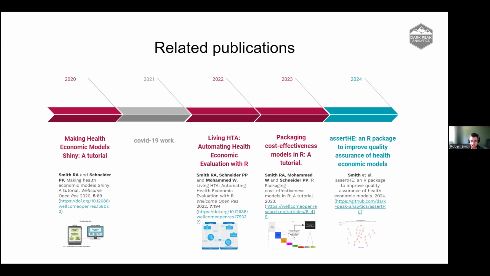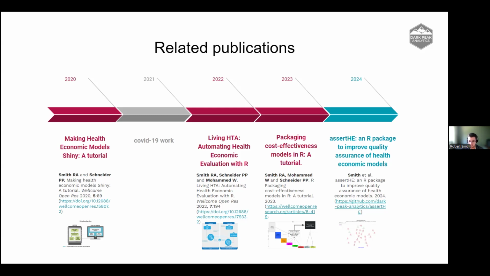And then the third topic will be packaging cost effectiveness models, and this is a bit of a nerdier topic, looking at the best way to build a model in R, and how we can make the ecosystem of algorithms within health economic models easier to share amongst modelers.